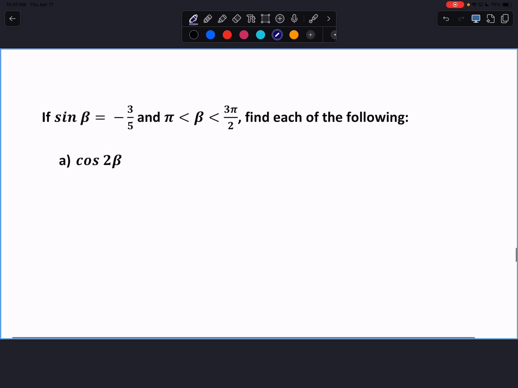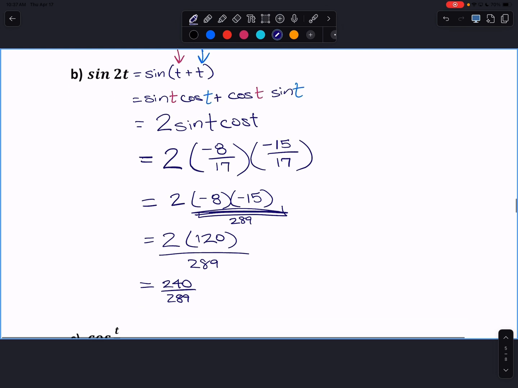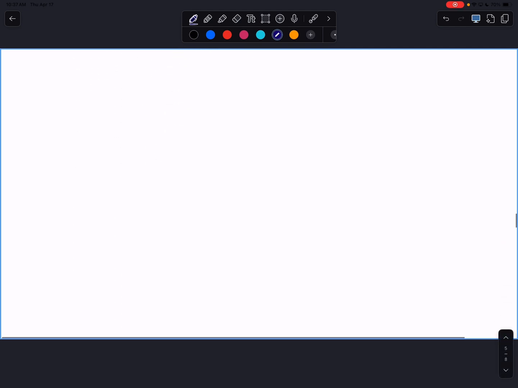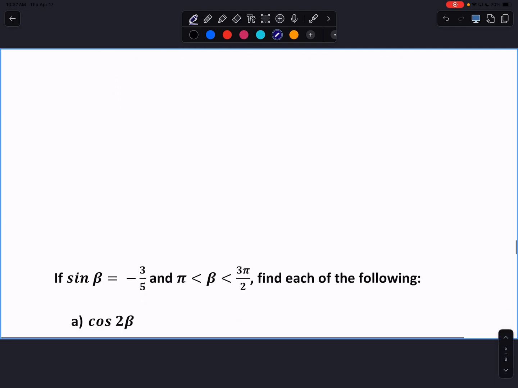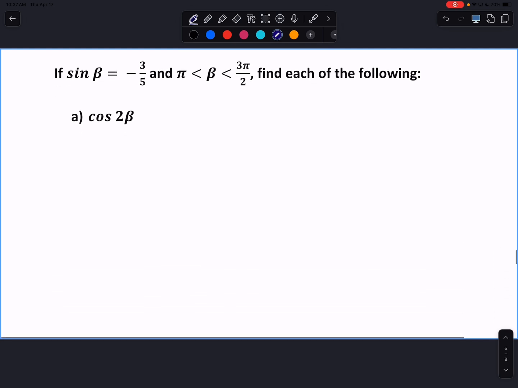I'm trying to make sure you're good with double angles before I teach you half angles. So I'll come back to C and D. I will definitely come back to them. Let's make sure you're good, though, with double angles.